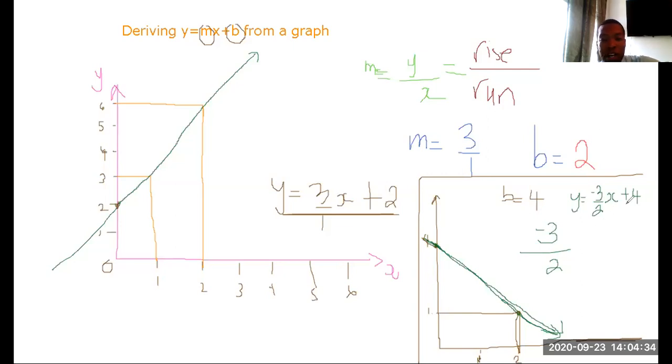Same with this one. I know that the y-intercept is 4, so I start at 4, and then it goes down 3. Yes. So you could get it both ways. You could get the equation, you could get the graph. You could say, here's the equation. I start at 4, it goes down 3. I know it's down because it's a -3.